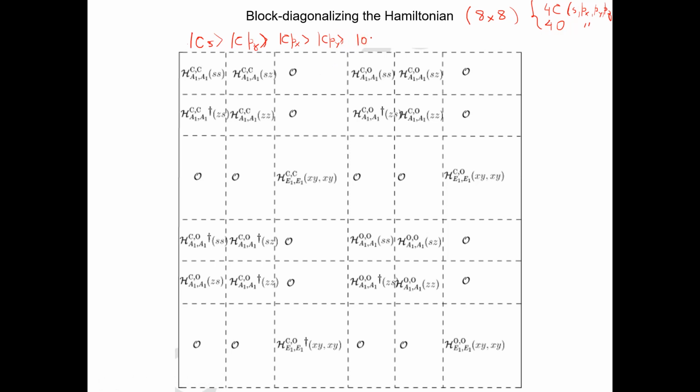This is oxygen S, oxygen Pz, and oxygen Px, oxygen Py. Okay, and the same order here for the rows.